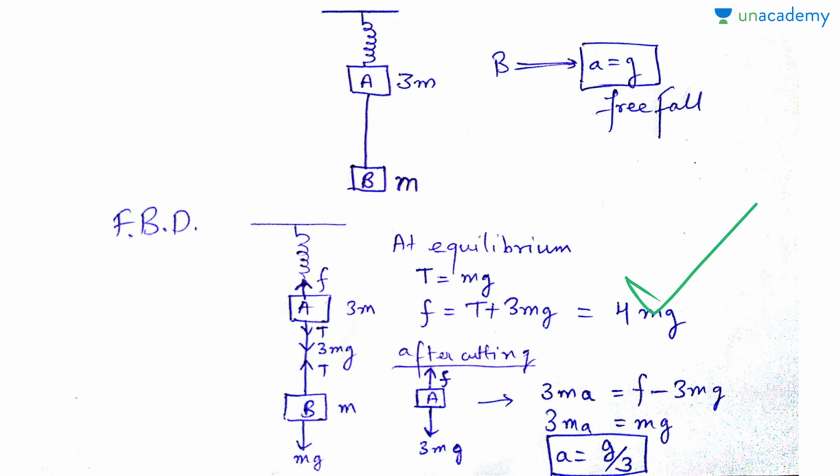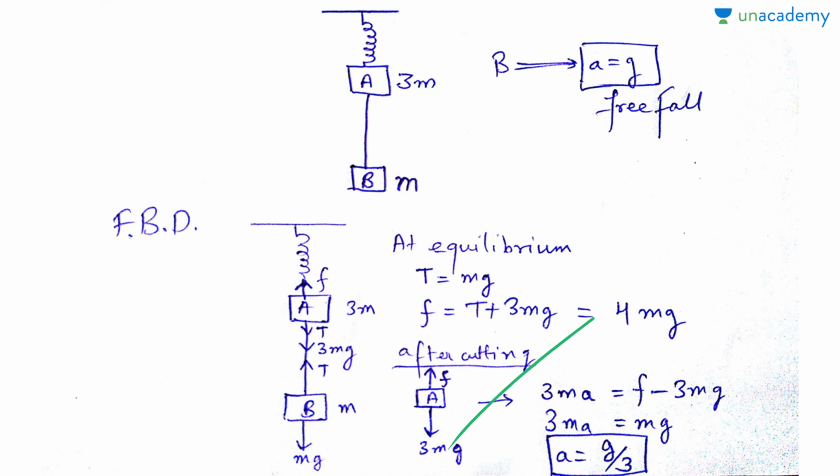Now after cutting, what will happen? The tension due to the string will not be there. For A, only the force due to its weight, 3mg, is acting downward, and F is still acting upward, so F will remain the same, 4mg.